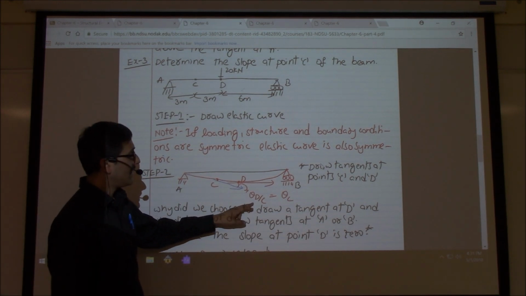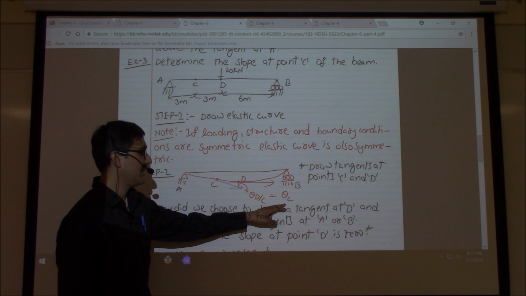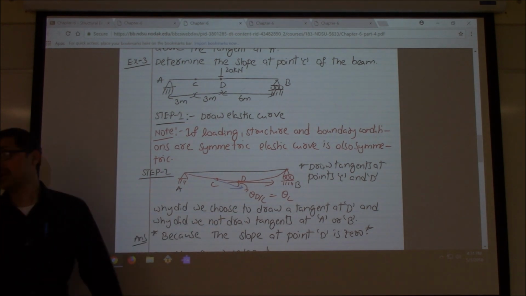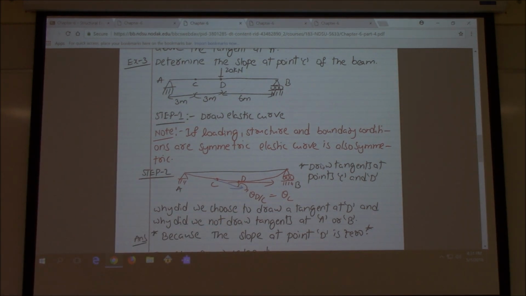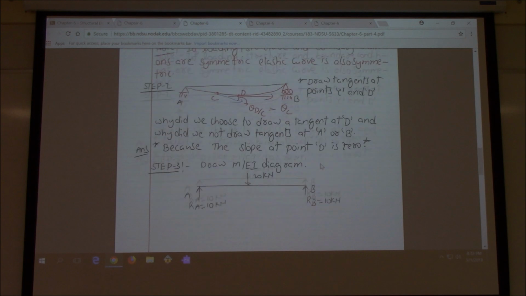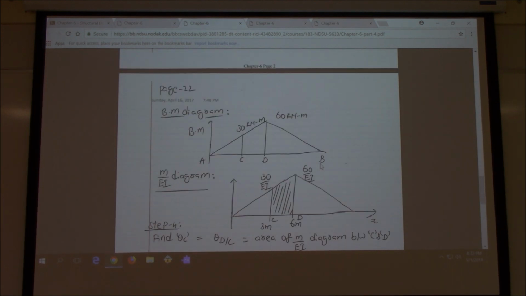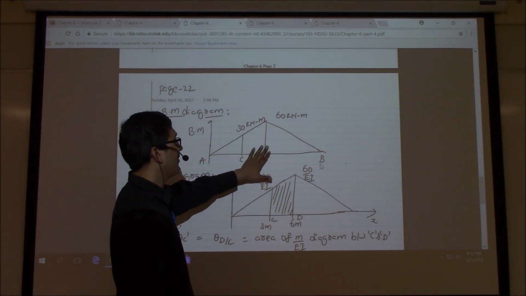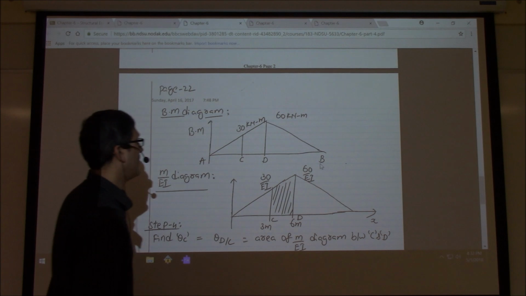Okay, here theta D by C is equal to theta C. So here what you have to do is you just have to evaluate the M by EI area between the points D and C. So from there you need to evaluate the bending moment diagram for this particular beam, which is given by this triangular bending moment diagram, the final bending moment diagram.